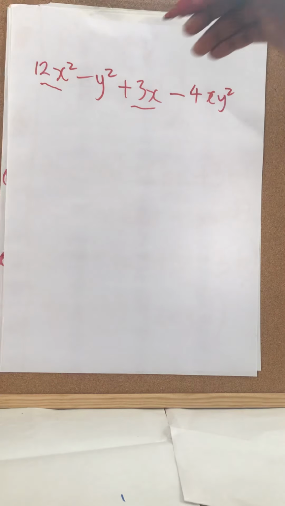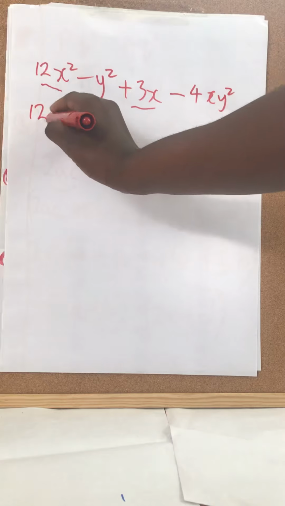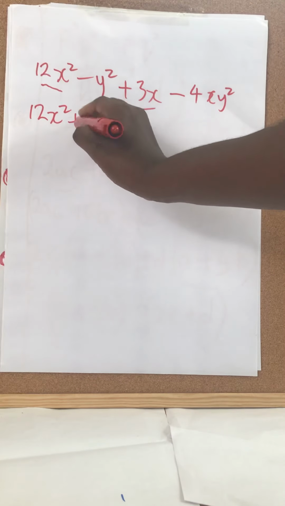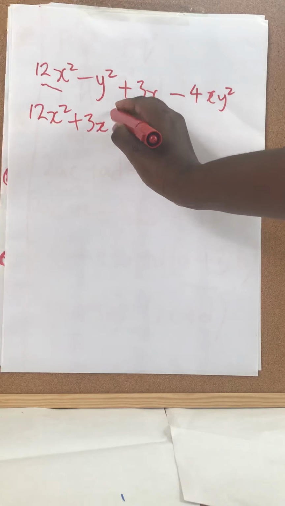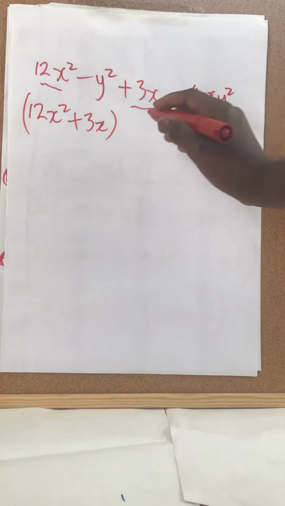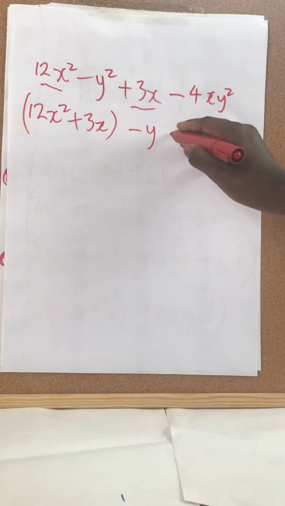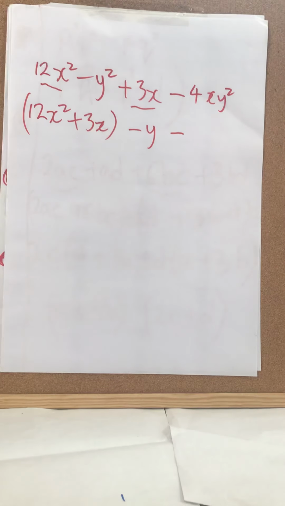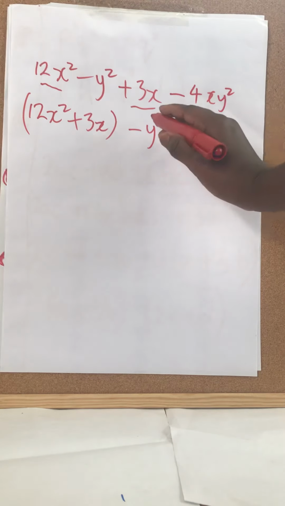I am choosing smart so that I'm going to have something in common for me to be able to simplify. So it's going to be 12x squared plus 3x in bracket, minus y squared.